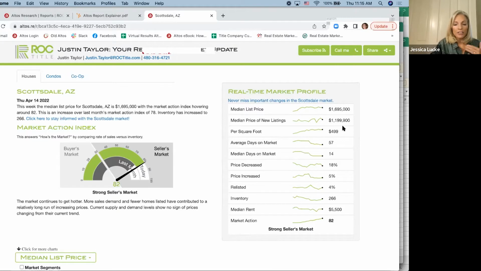But now we've got a story to tell between the average days on market and the median days on market. So this is really great just to create conversation. Average days on market is something that's been the go-to for years. And actually with our Altos reports, this is all that we used to supply until the market went crazy and inventory dropped. And we found that no matter where we looked, right?